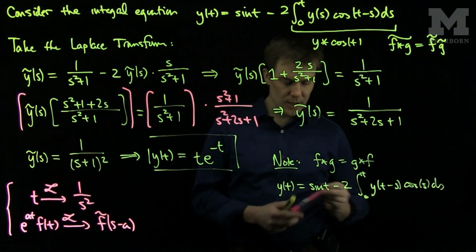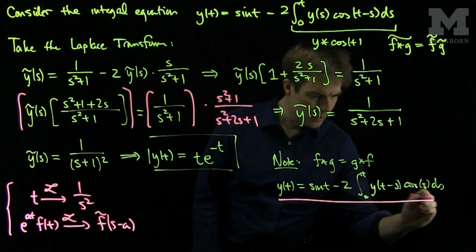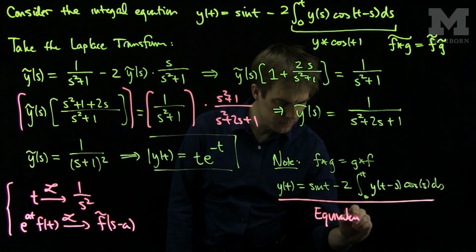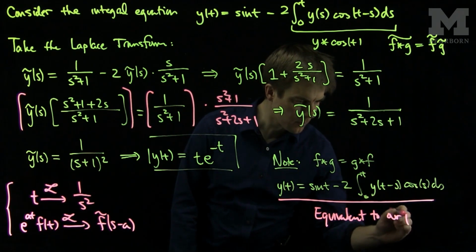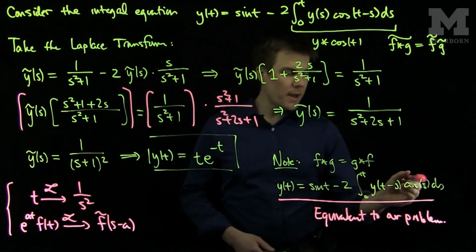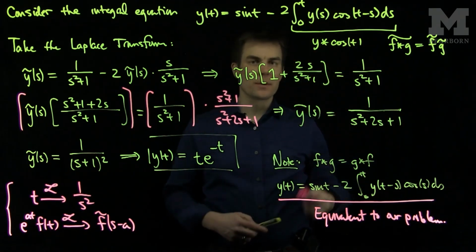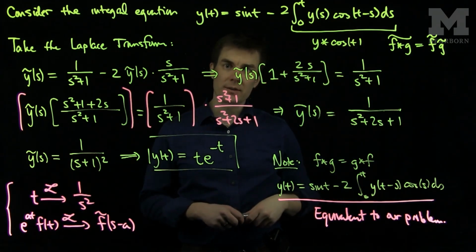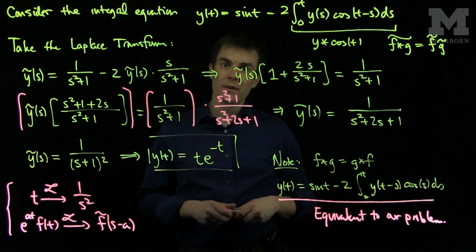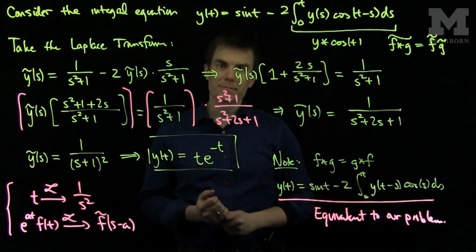So this integral equation is an equivalent problem. So it wouldn't matter if I had the order of these functions flipped. The convolution procedure gives me exactly the same result. So we see that by using the Laplace transform, we're able to solve integral equations of this type. Thank you very much.